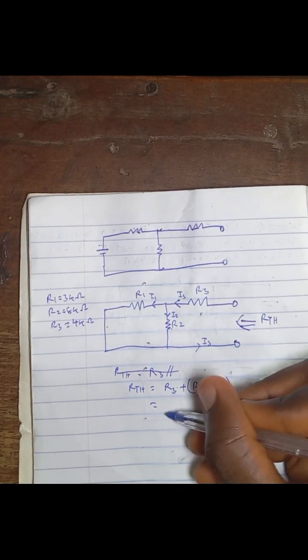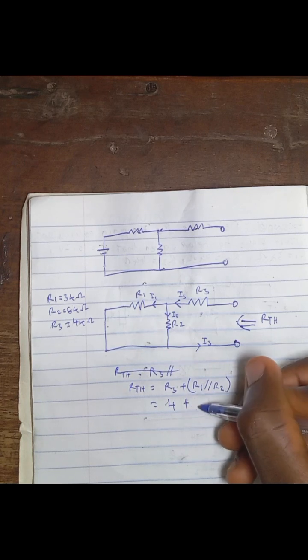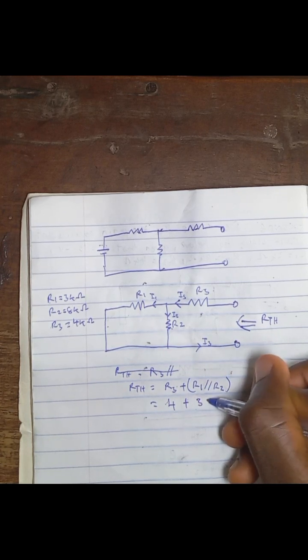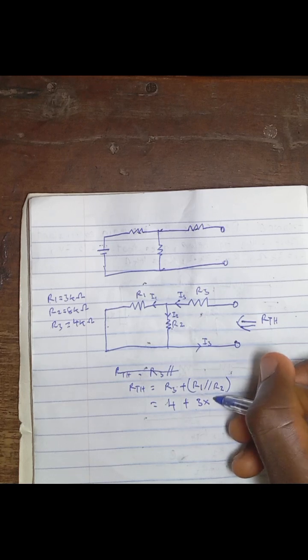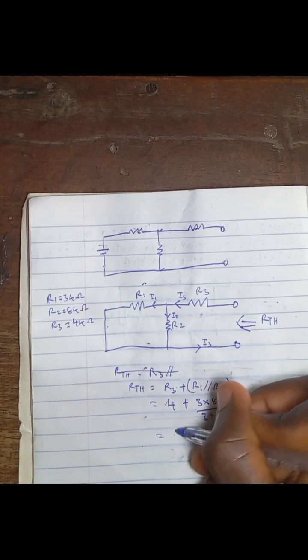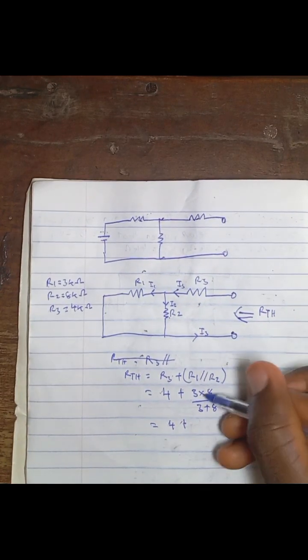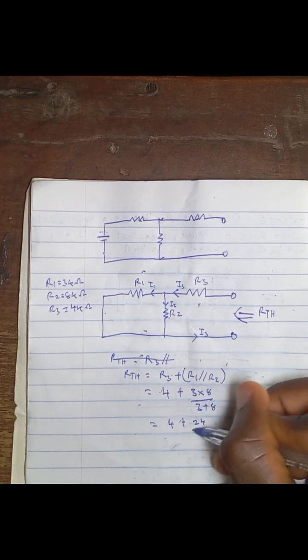So that will be 4 plus 3 times 8 over 3 plus 8. This is equal to 4 plus 3 times 8, which is 24, over 11.